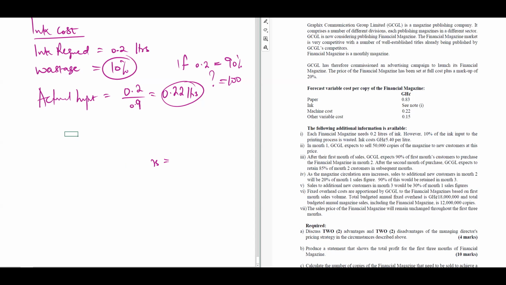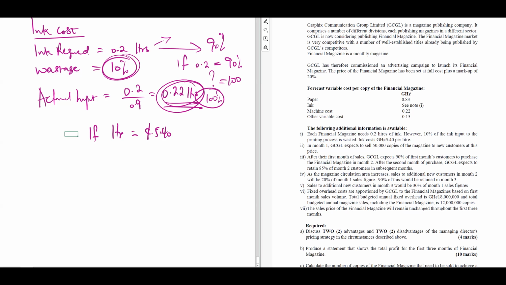If 1 liter costs 5.40, then since we have considered the effect of the wastage, because 0.2 is the liters that we require and we are going to lose 10%, meaning this is equivalent to 90%, but we've got 100% capacity now, the 100% we put in.